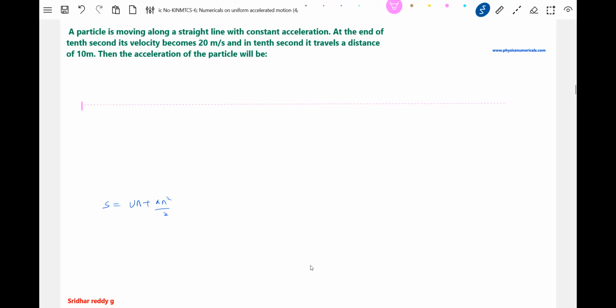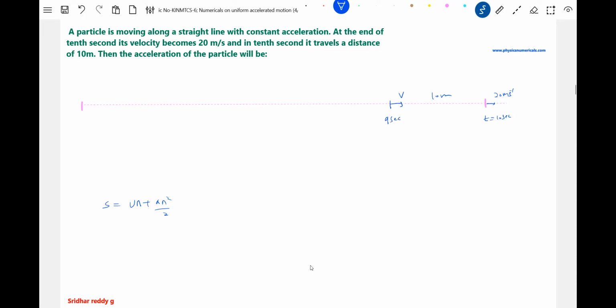So at the end of 10 seconds, its velocity becomes 20 meters per second. This is t equal to 10 seconds. And in the 10th second, it will travel a distance of 10 meters. We don't know what velocity it will have here, and this will be 9 seconds.